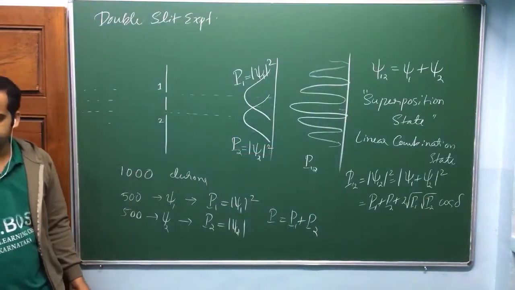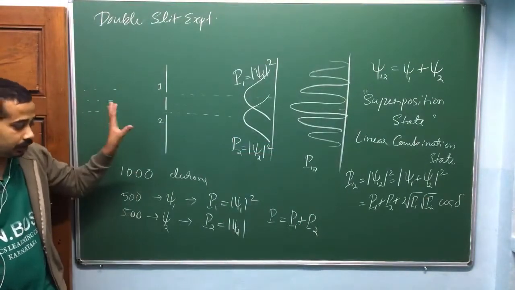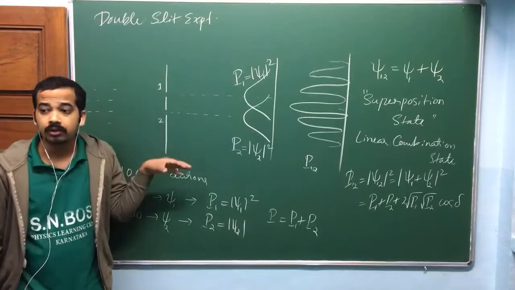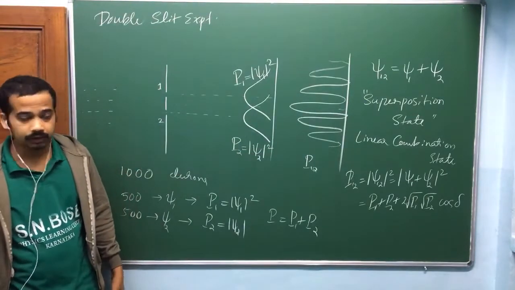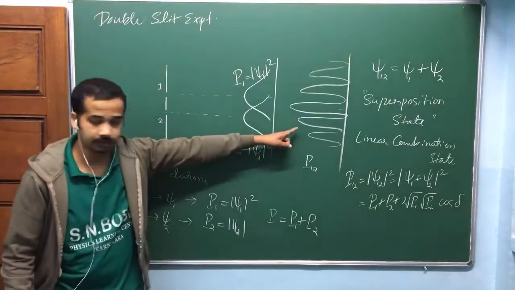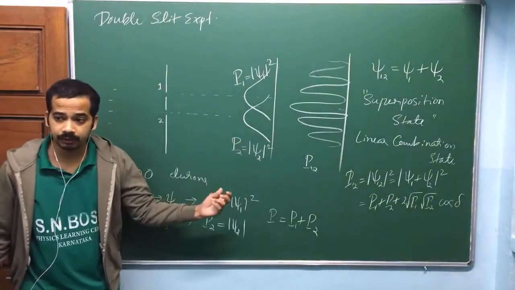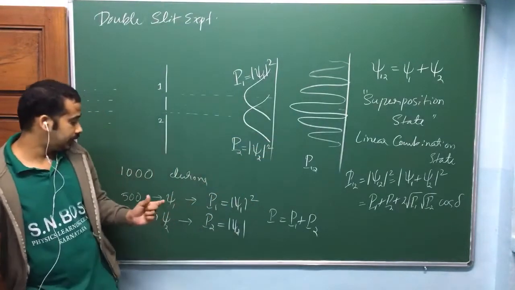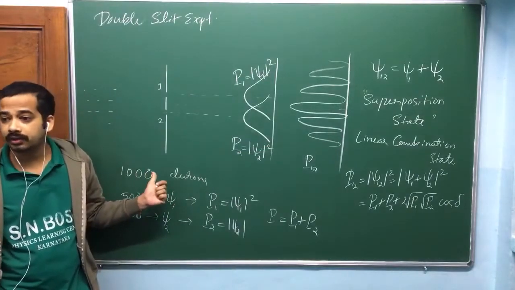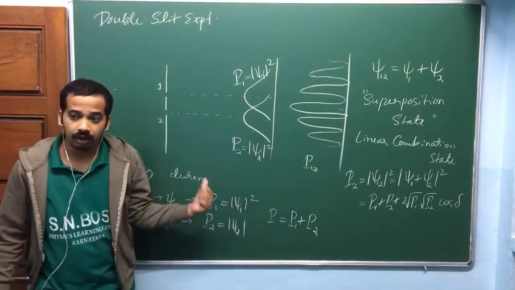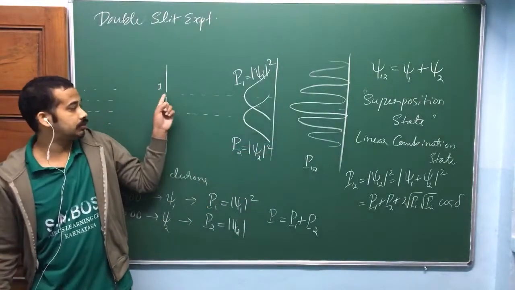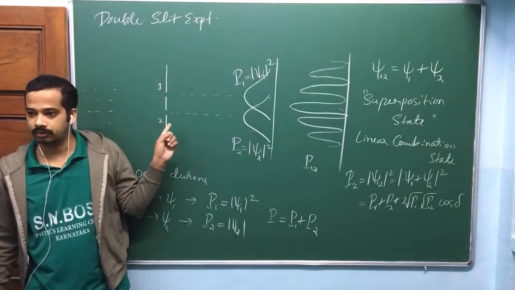Are you getting my point? That's why, when you keep it unobserved, I am talking about when you are not observing, you are getting this pattern. When you are not observing, it is wrong to say that the electron passes through either of the slits, either through slit 1 or through slit 2.